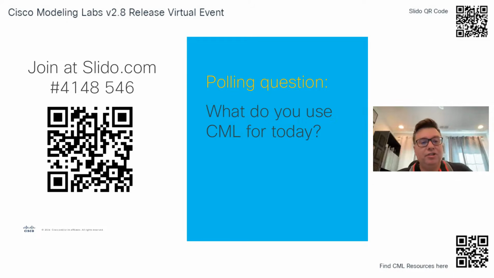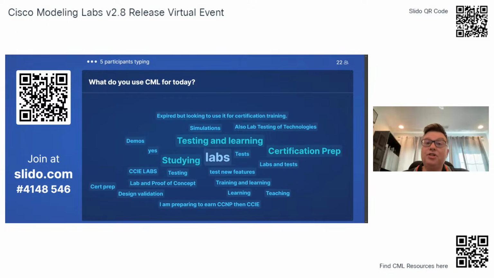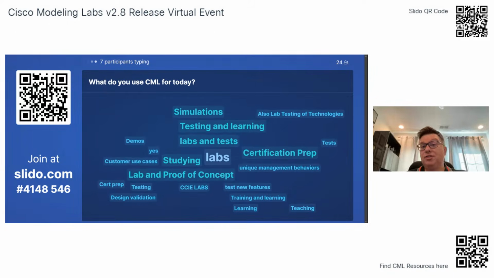So that takes us to our very first Slido poll. We have a QR code that you can scan, and if you scan that, you'll be dumped into Slido. You can give us some information about yourself, like your name, and then answer the question, what do you use CML for today? So we realized that the reach of this webinar was mainly to our existing users.